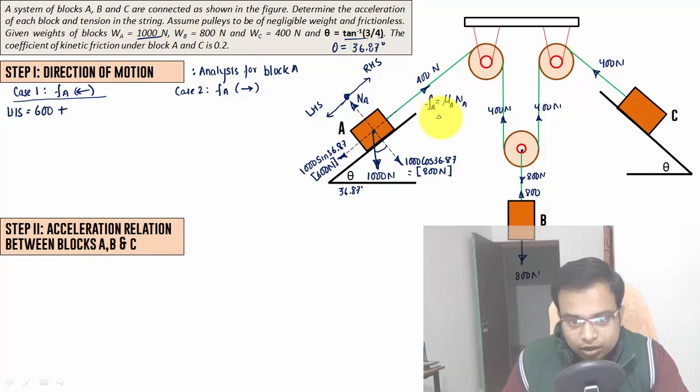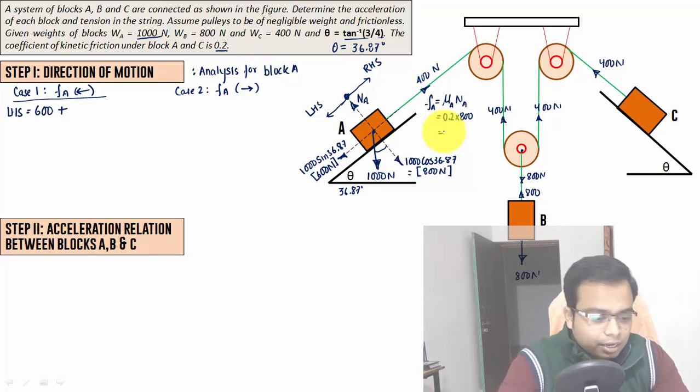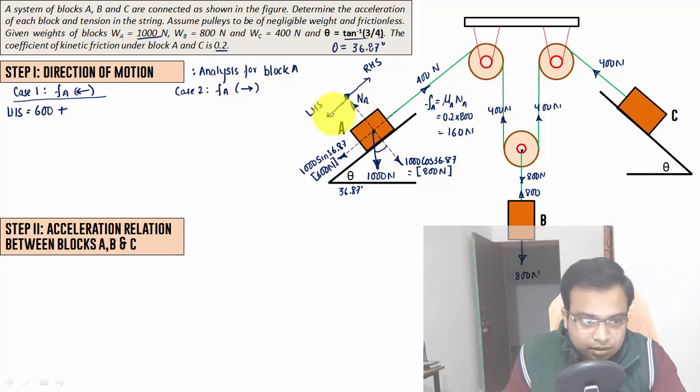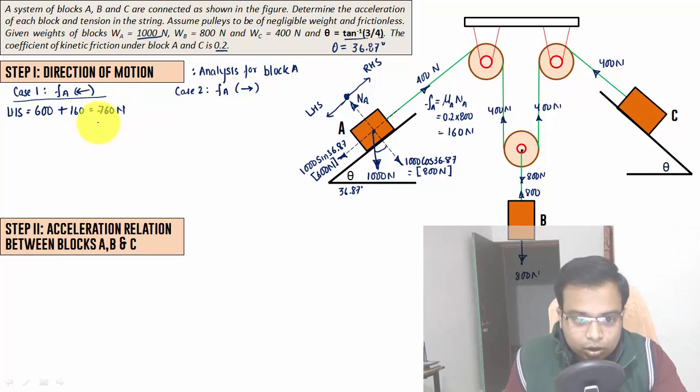The coefficient of friction is 0.2, which has to be multiplied with this 800. 800 multiplied by 0.2 works out as 160. So the magnitude of friction acting on block A is 160 newtons. So 600 plus 160 works out as 760 newtons on the LHS.